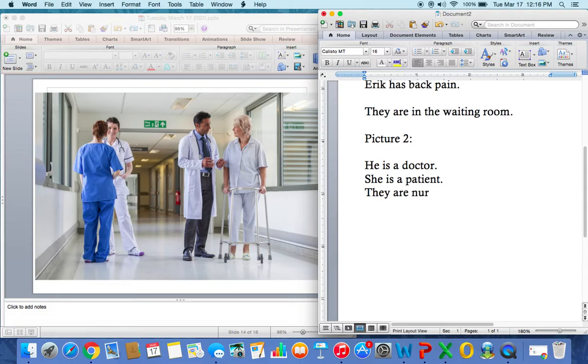They are nurses. And don't forget about the S. You need to have the S because it's plural. He is a doctor. She is a patient. They are nurses.